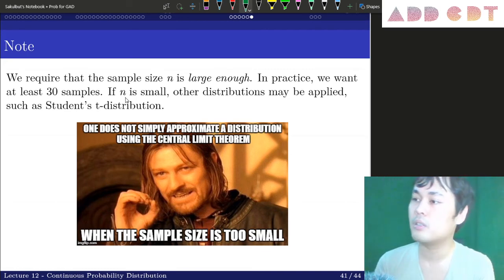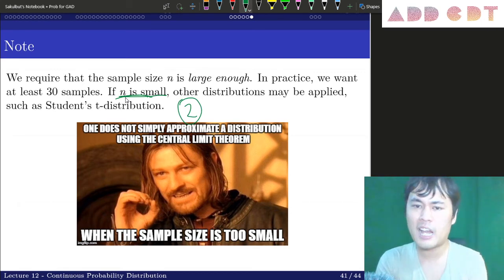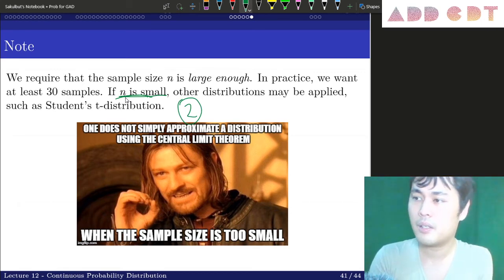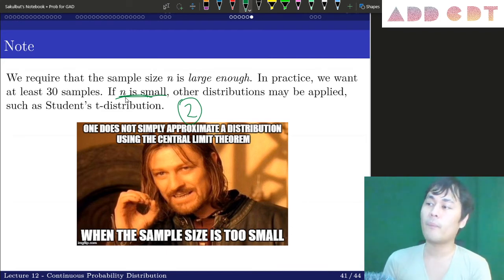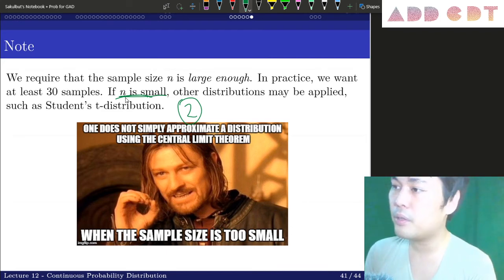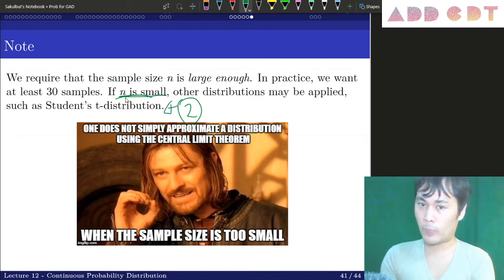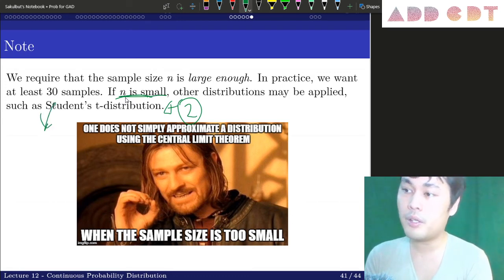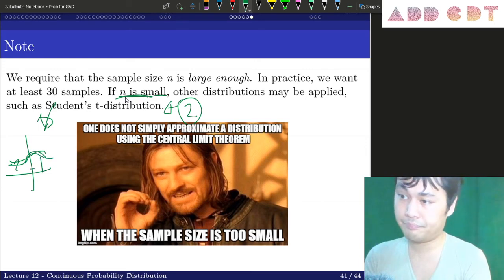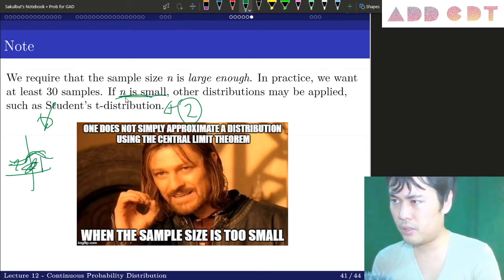If n is small, say you only have enough time or resources to pick 10 samples, then that still works, but we have to use a different distribution. You cannot use the normal. Normal is nice. It has all the nice properties. Everyone uses it.